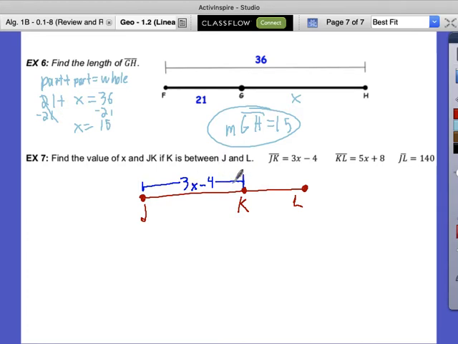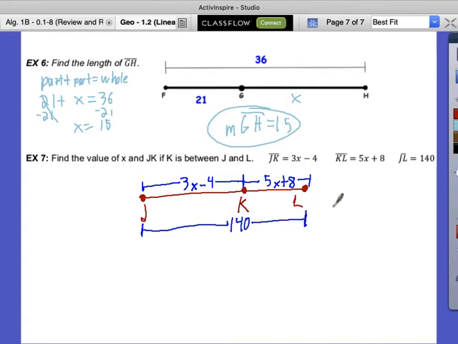Notice how I do these little bars and this line here to show that's only from there. And I know segment KL has a measure of 5x plus 8. So I'm going to put that just above the KL, a little more descriptive. And I know the whole thing, J to L, is what? 140. So I know the whole thing is 140.